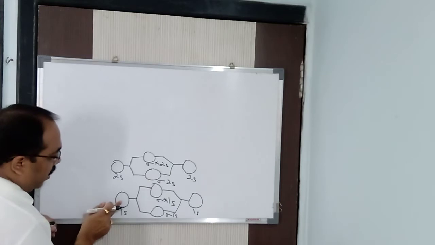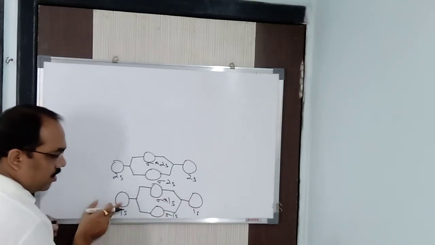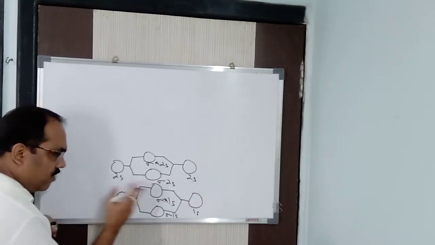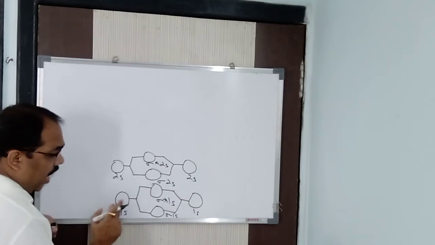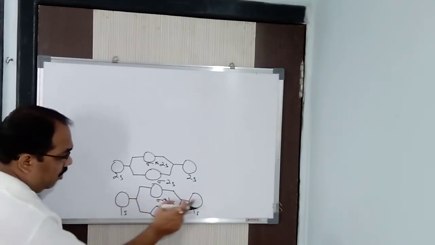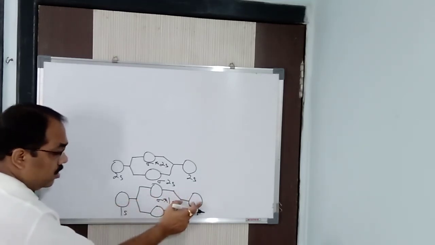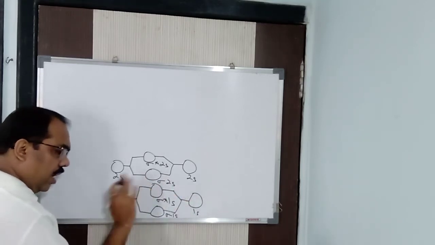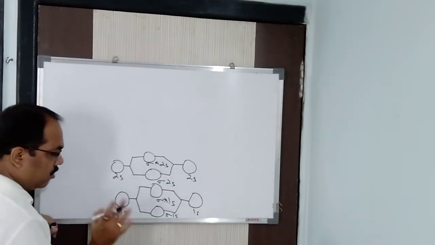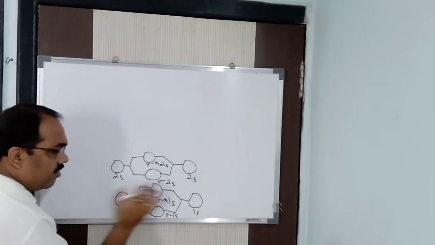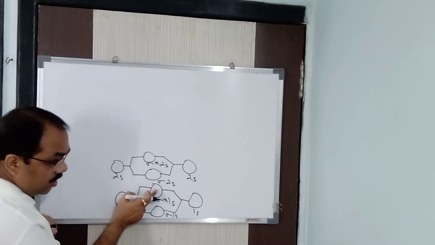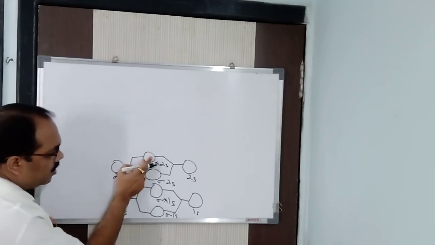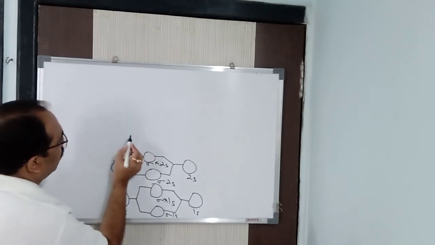Now see here, 1s, let us say this is one particular atom, and this is another atom of the same molecule. It can be nitrogen, hydrogen, fluorine, chlorine, or oxygen. Definitely 2 atoms will combine to form a molecule. So this is your sigma 1s, then sigma star 1s, then sigma 2s, then sigma star 2s. Now next is 2p.